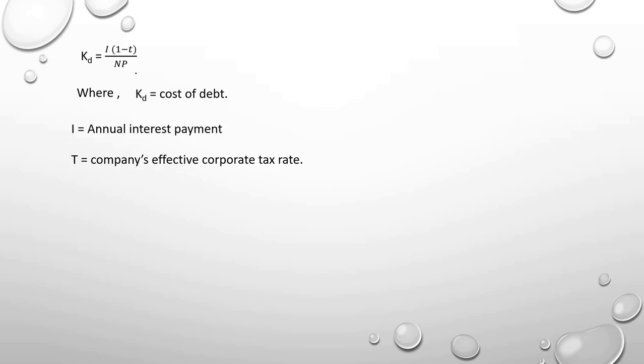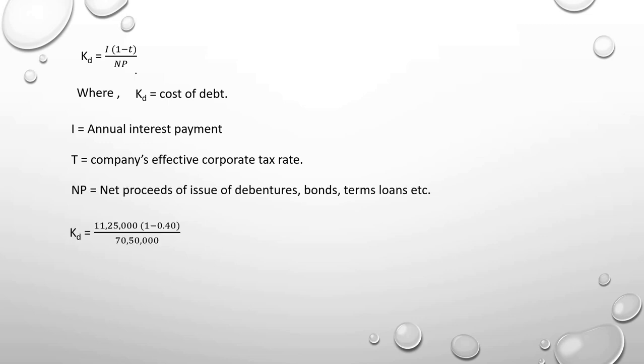So your formula will be KD equals I times (1 minus T) upon NP, where KD is your cost of debt, I is your annual interest, T is the company's corporate tax rate, and NP is your net proceeds. So KD becomes 11,25,000 as your interest, and the tax rate is 40%.